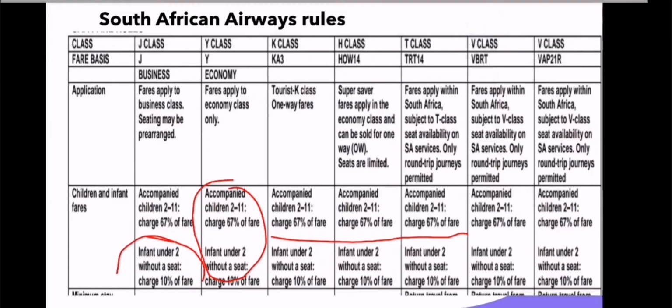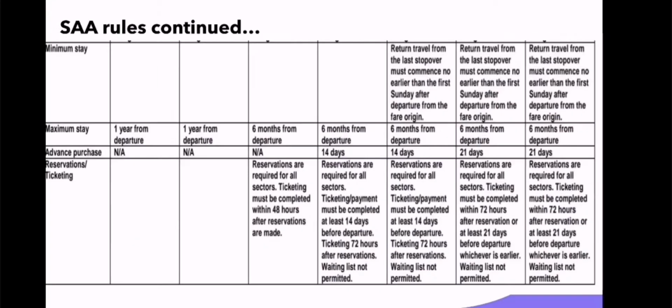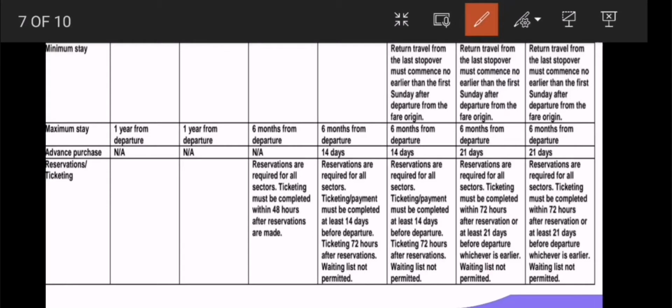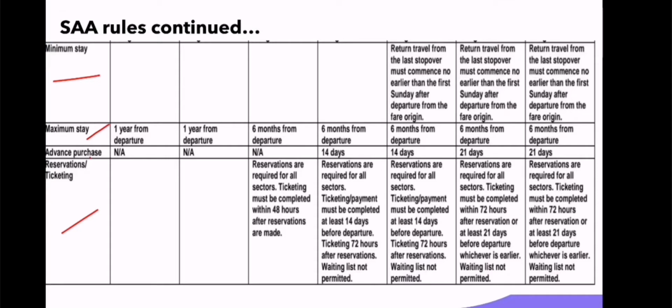So this then advises you that okay, indeed you are allowed to apply these rules to your ticket. Then like I stated before, even for N5, you are going to have to look at issues such as minimum stay, maximum stay, advance purchase, and other rules that you will then have to answer questions regarding. But for N4, you don't have to read through all of this information because it is not applicable to you.